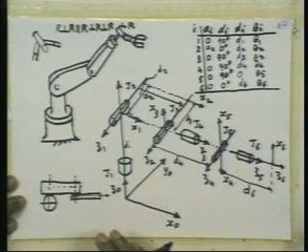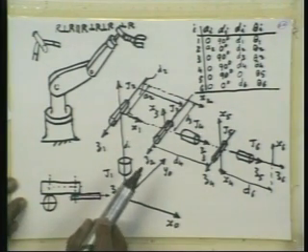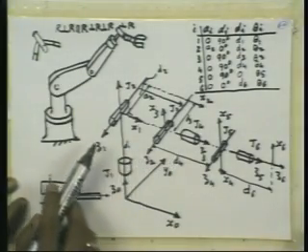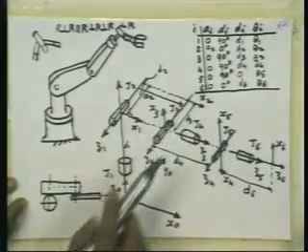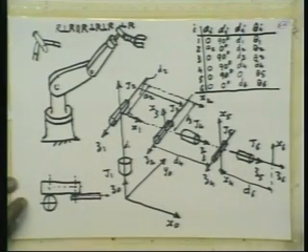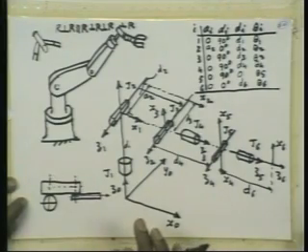Now we are looking at reachability in a plane along the joint 2 and joint 3 direction. If you look along that, you get a projection of the manipulator. It is in that plane that we look at reachability for this particular calculation.